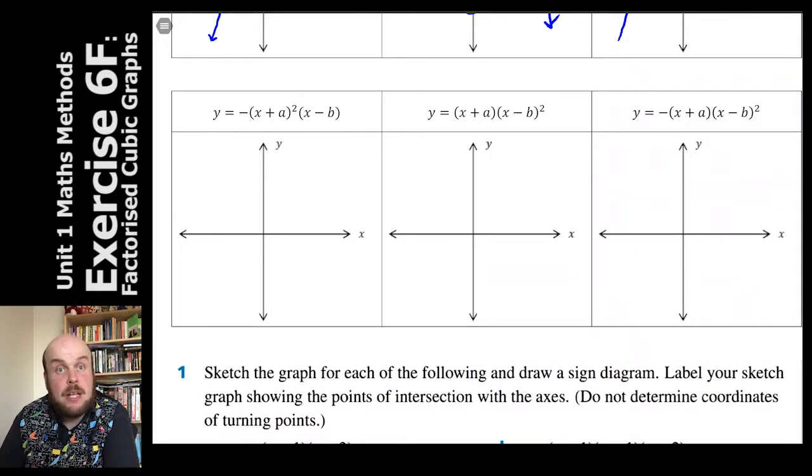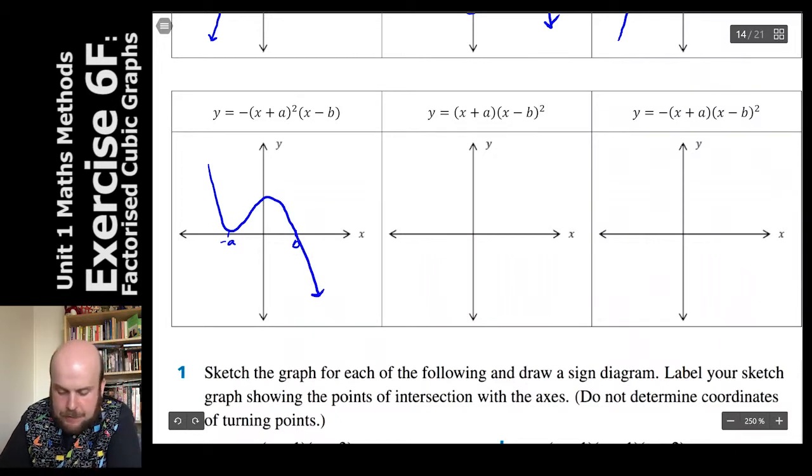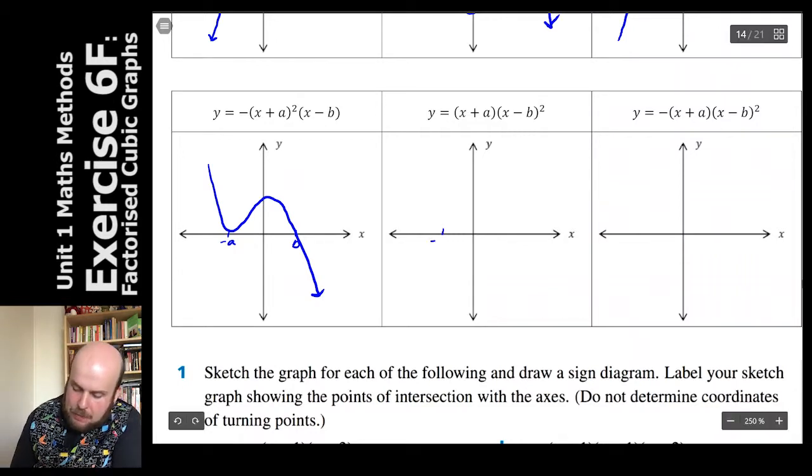Again, if we've got the negative sign at the front, that means it's just been reflected in the x-axis. And so we're going negative a and b. And again, we're going to make a lovely turning point. So, make this lovely shape.